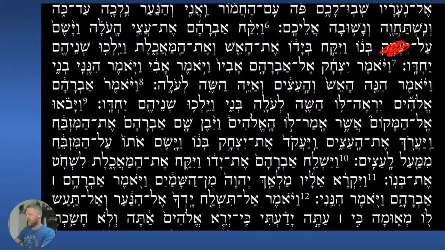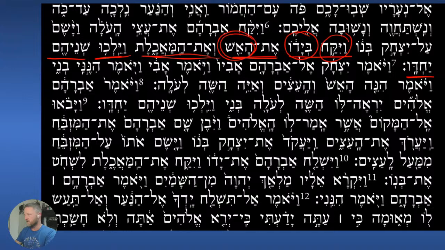So this again leads text critics, source critics, to think that Isaac has been added to the story. Vayikach beyado et ha'esh ve'et hama'achelet, vayelchu shneihem yachdav. So he put the wood on his son, and he took in his own hand the fire and the knife, what he's going to use to kill the sacrifice.